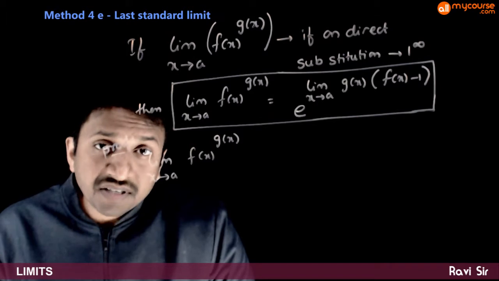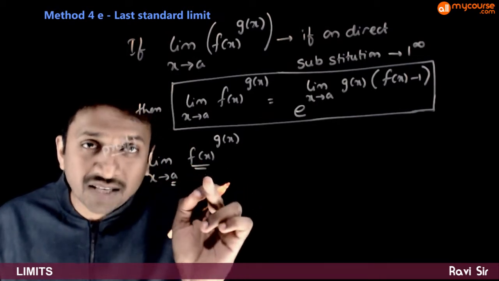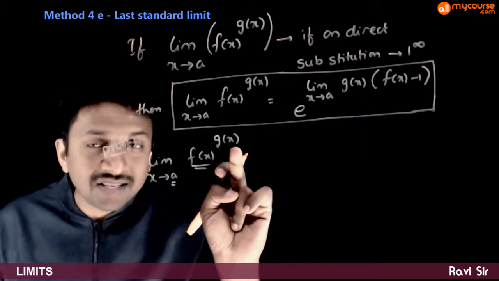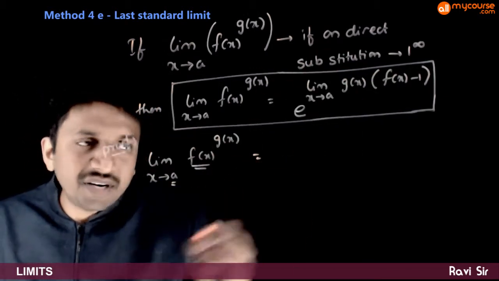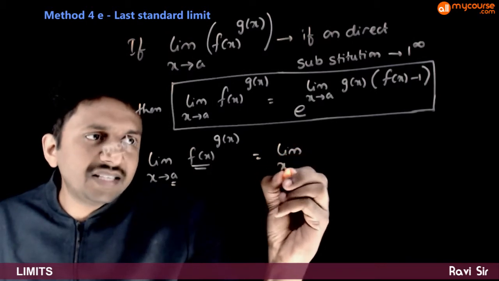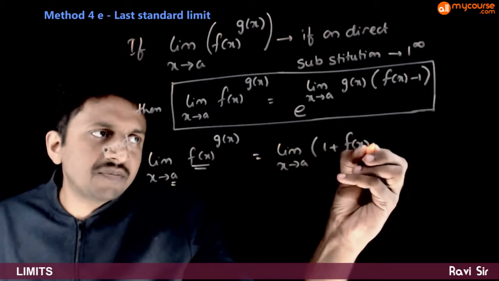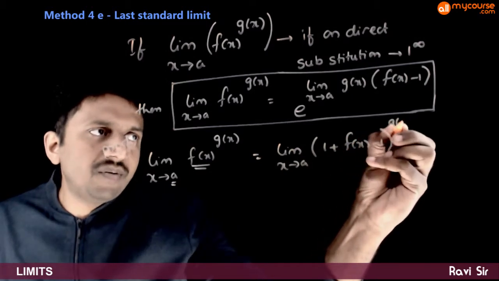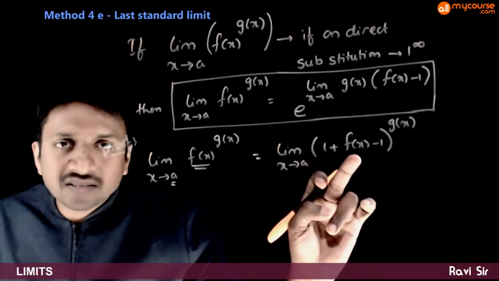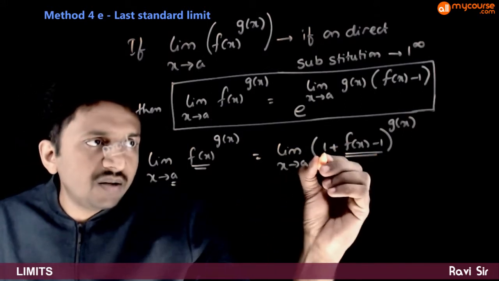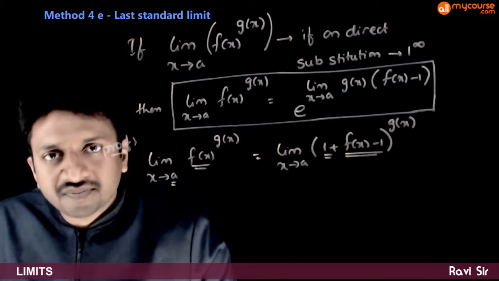Next, as we have discussed, as x tends to a, this f(a) has to go to 1 and g(a) has to go to infinity, right? So this can be written as limit x tends to a, (1 plus (f(x) minus 1)) whole power g(x), right? 1 plus (f(x) minus 1) is nothing but f(x) power g(x).